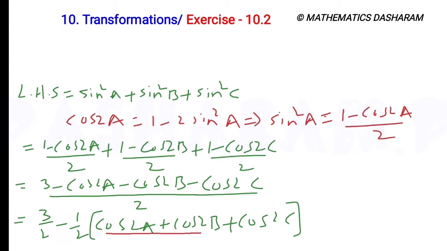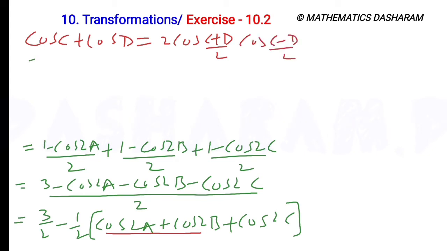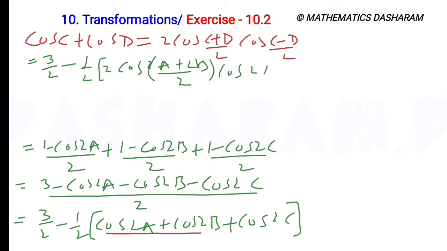So for these two terms I am going to apply one formula, that is the cos C plus cos D formula: 2 cos (C plus D) by 2 into cos (C minus D) by 2. So it is equal to 3 by 2 minus 1 by 2 into 2 cos (2A plus 2B) by 2 into cos (2A minus 2B) by 2, and the cos 2C formula is 2 cos square C minus 1, bracket close.